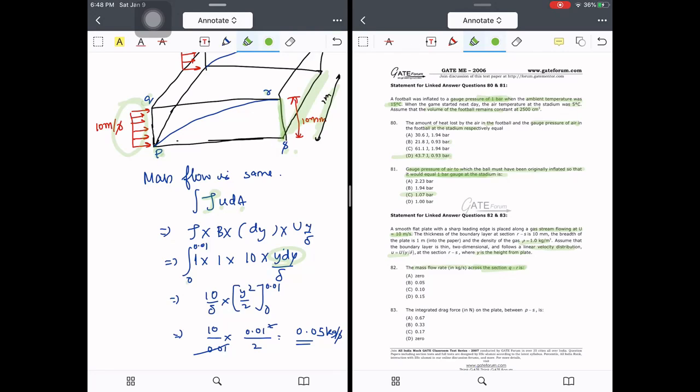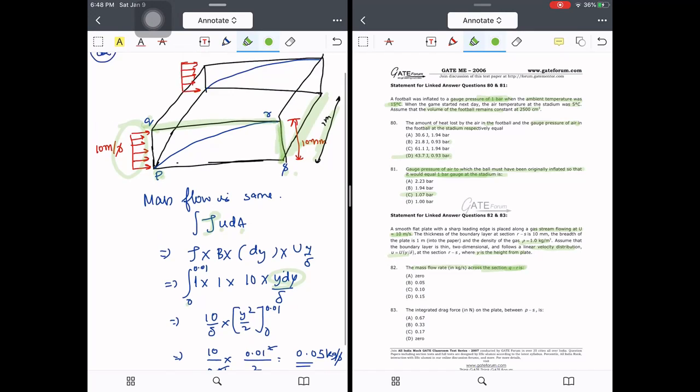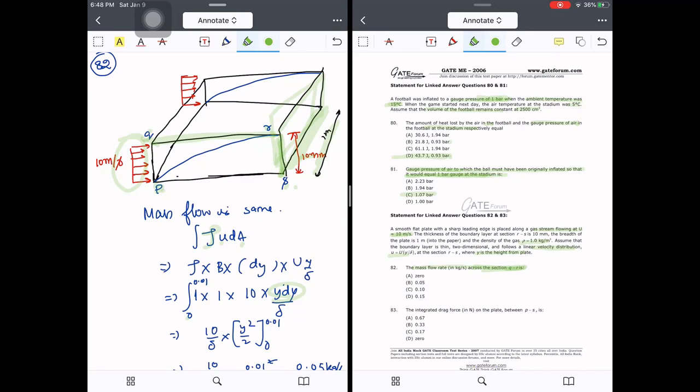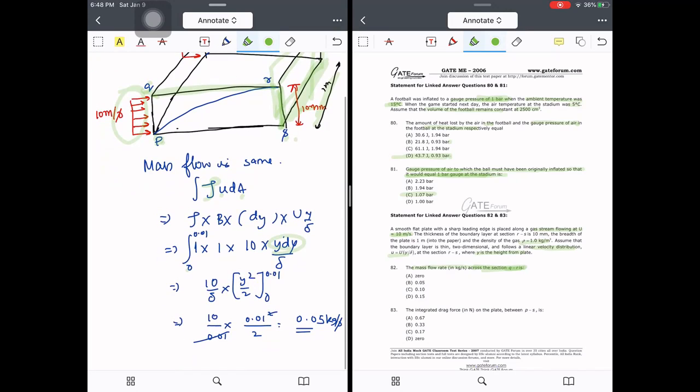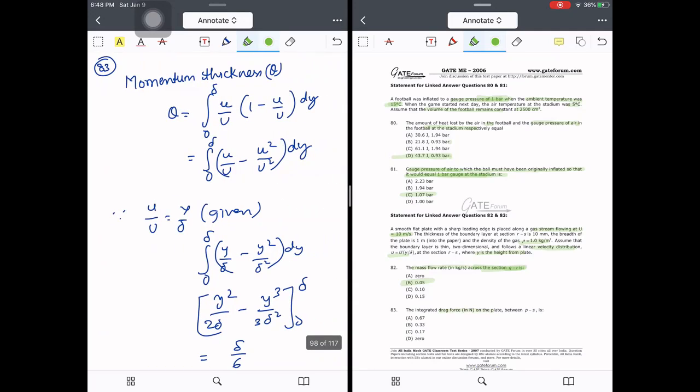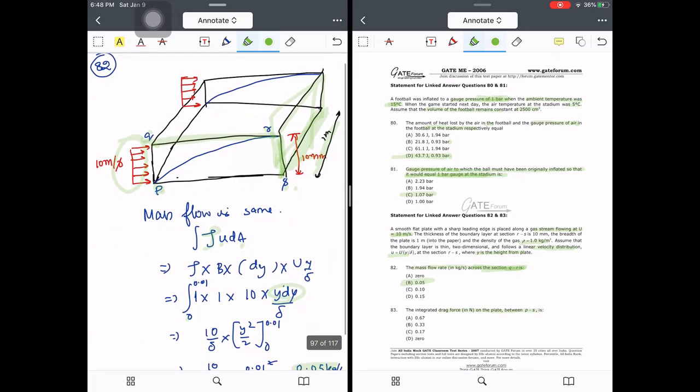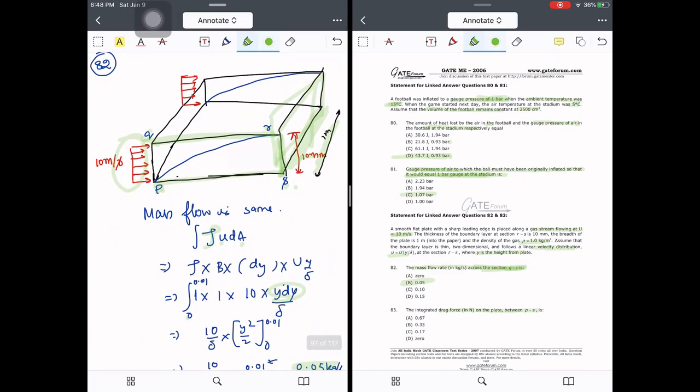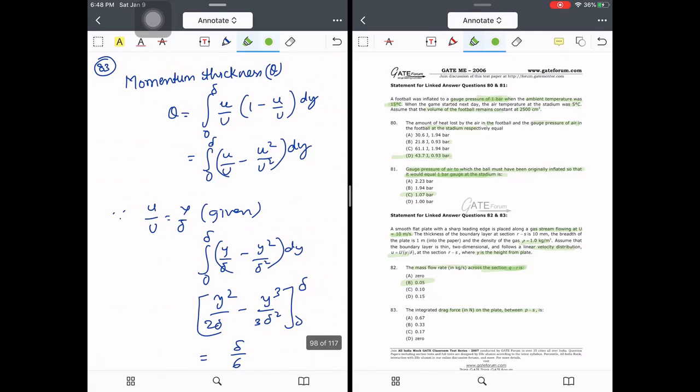So here the variable is dy, and it varies from 0 to 10 mm, that is 0.01. In order to calculate the mass flow rate across QR, which is equal to the mass flow rate across the RS section, basically we need to calculate it across this particular portion. So we integrate density into the corresponding volume at that cross section, and once we integrate we find it is 0.05 kg per second.